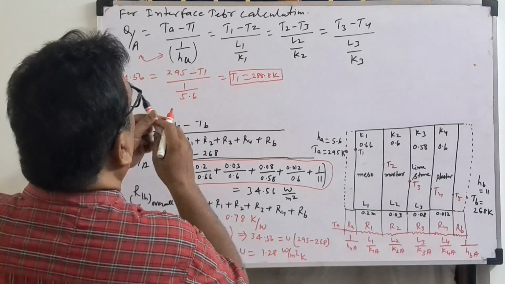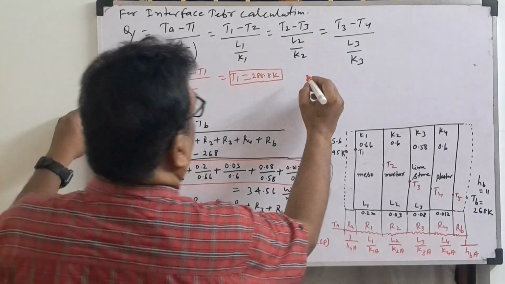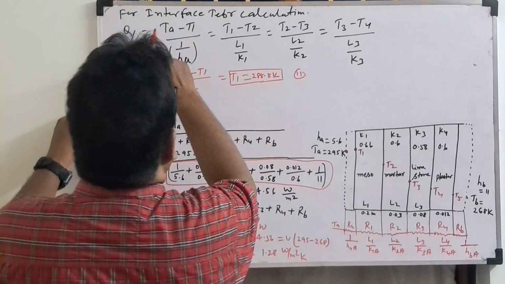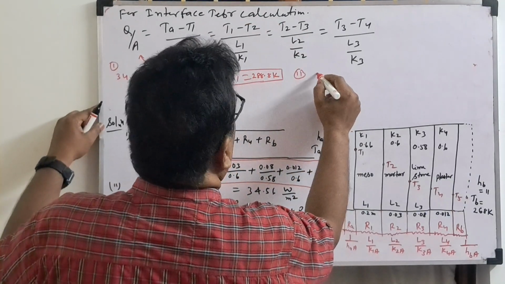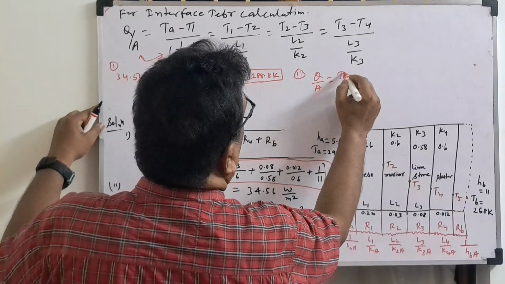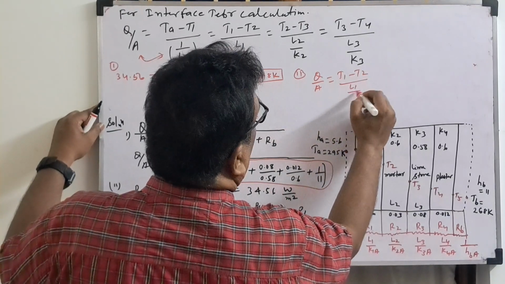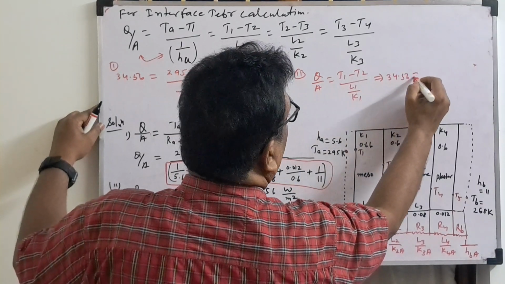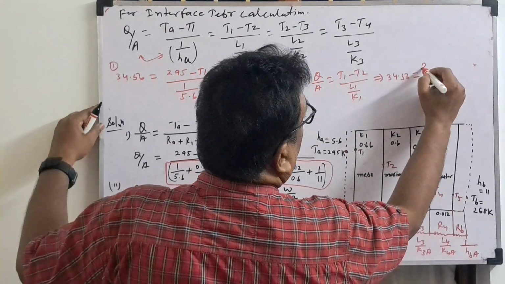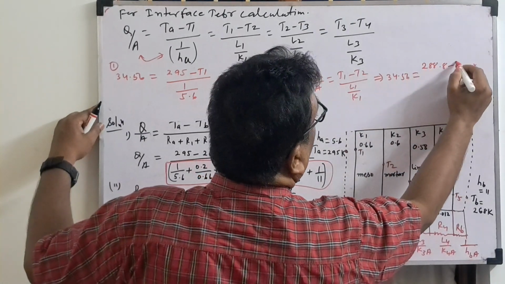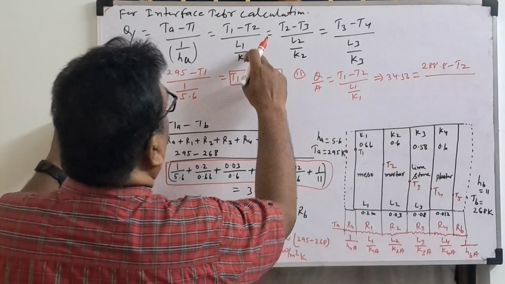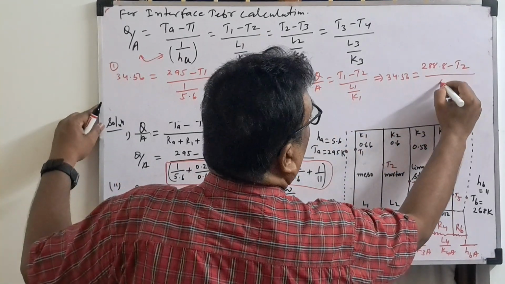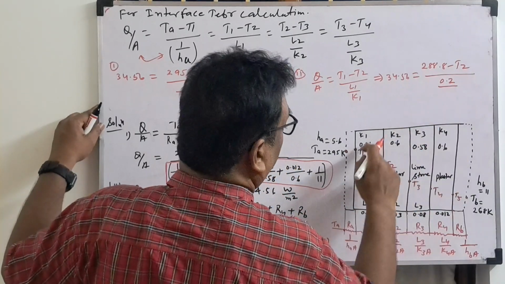Now what will we do? We'll consider Q by A and this second part. So this is the first one, second will be Q by A into this. We'll write one time for your understanding. Q by A is equal to T1 minus T2 by L1 by K1. That implies 34.56 equal to T1 I know, 288.8 minus T2, divided by L1 by K1.